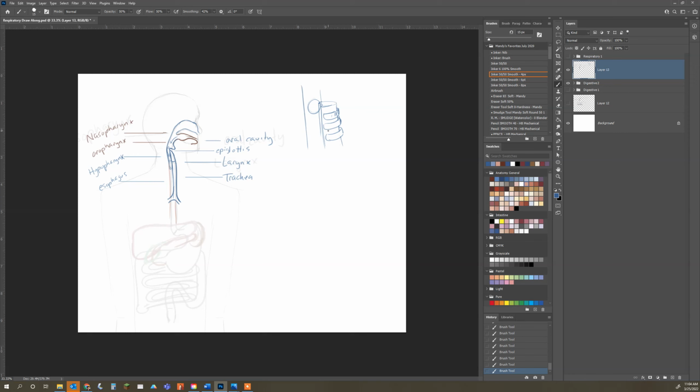But back to what we were doing over here. Let's add a new layer and get to the lungs. For the lungs, I'm just going to put the symmetry back on for a second. Center it here on the body-ish. When we start to talk about the lungs, we talk briefly about the diaphragm, which is a muscular wall that separates the thoracic cavity, the upper portion, from the abdominal cavity.